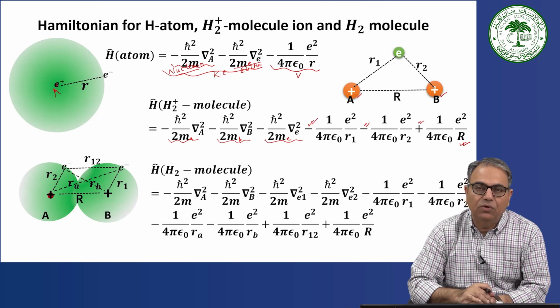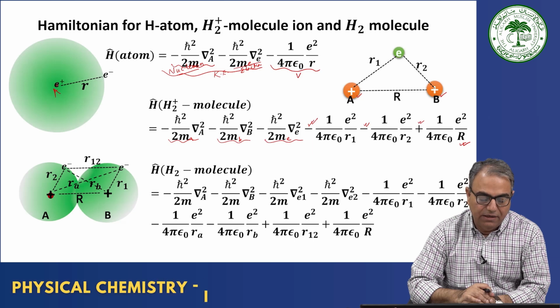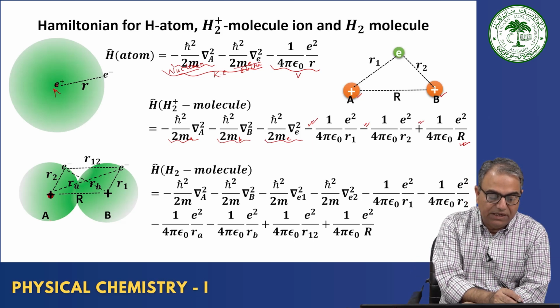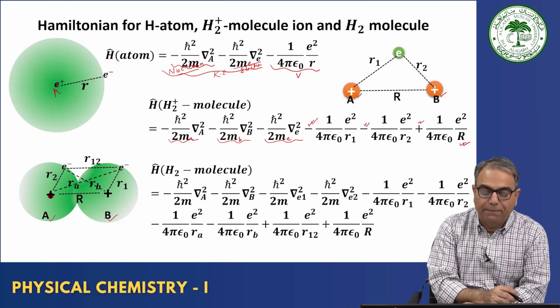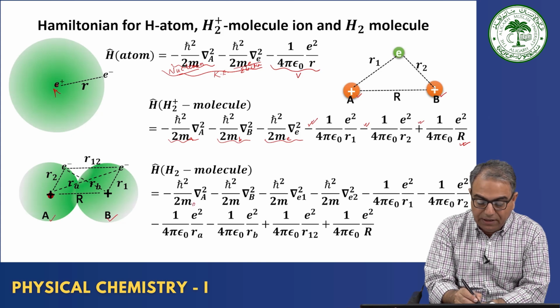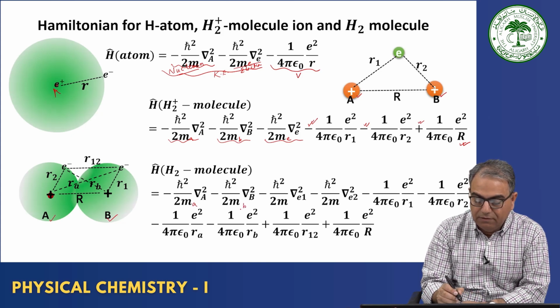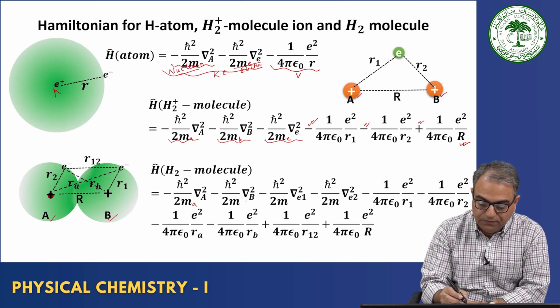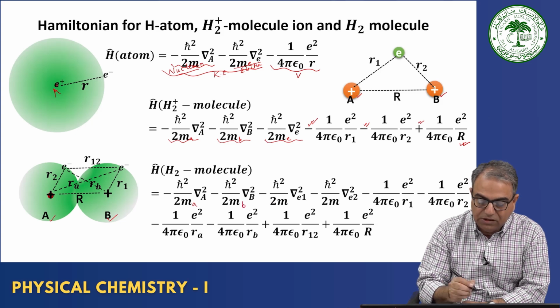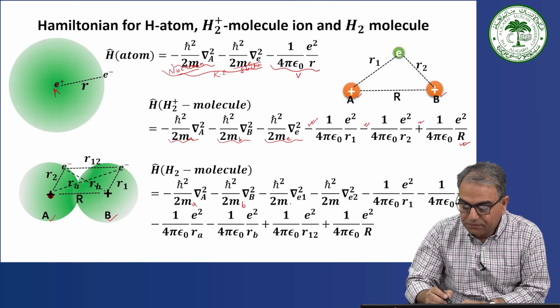Now in the H2 molecule, you have 2 electrons and 2 nuclei. For the 2 atoms, I have given the symbols A and B. Again you can write the mass of A, mass of B, mass of electron 1, and mass of electron 2.